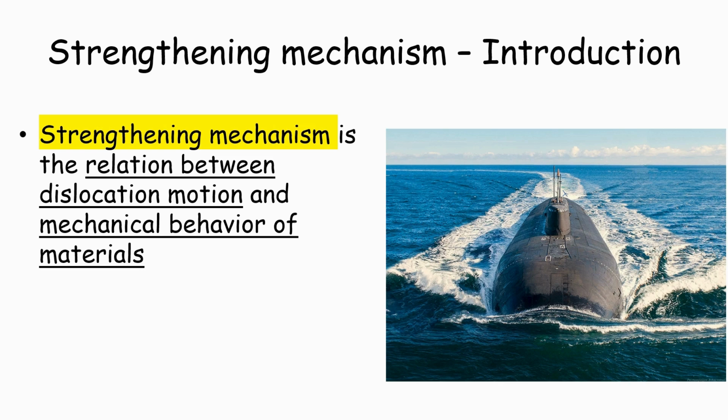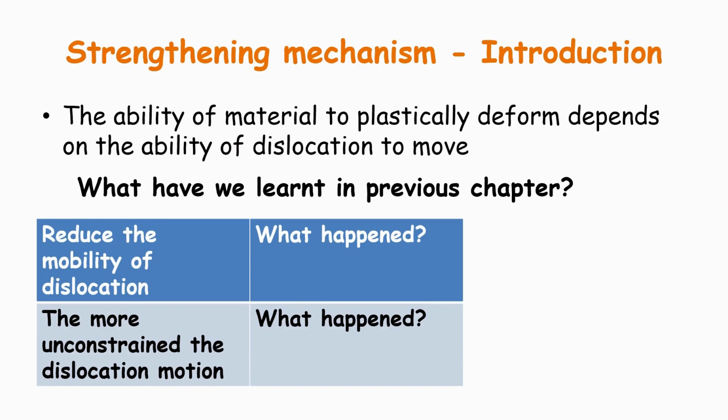Just to recap what we learned in the previous chapter on dislocation: the plastic deformation of material depends on the mobility of dislocations. If you look at the table here, what do you think will happen if we reduce the mobility of dislocations?